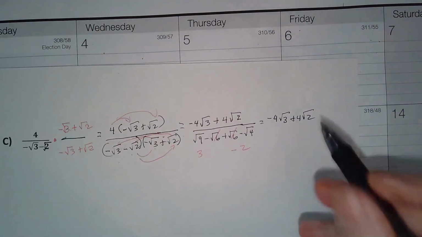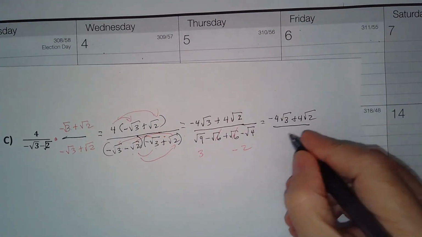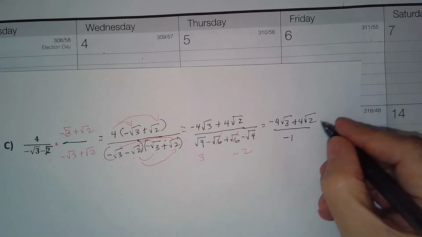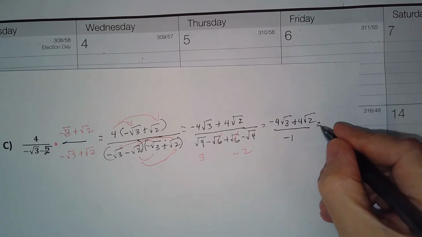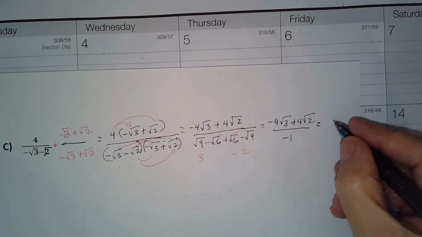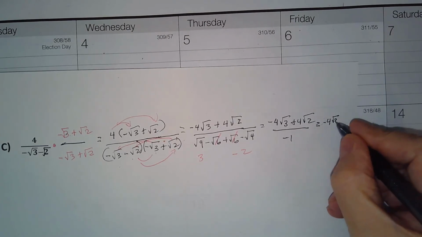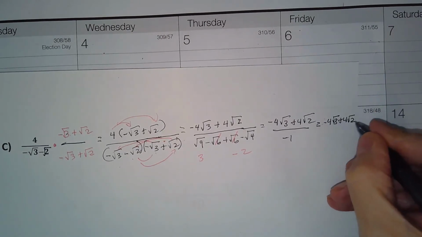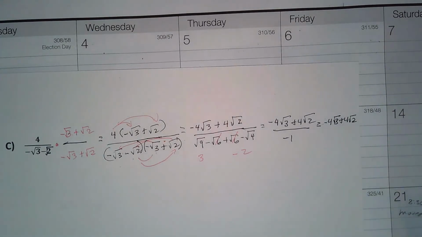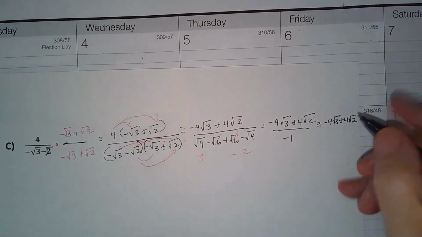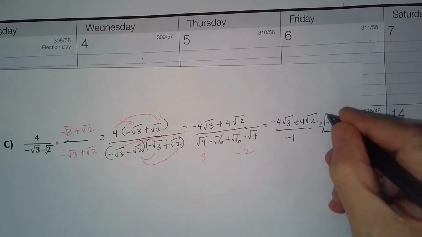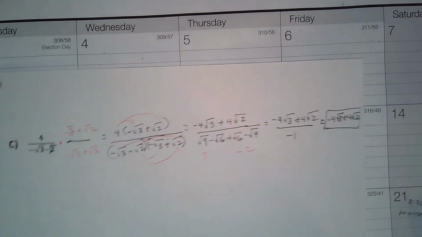So we end up with negative 1. So this becomes negative 4 square root of 3 plus 4 square root of 2. Okay? All right, so that's the answer there. And again, you can check it if you wish.